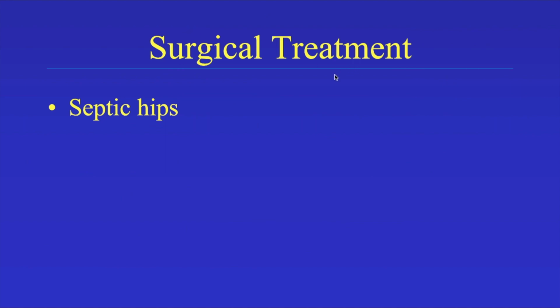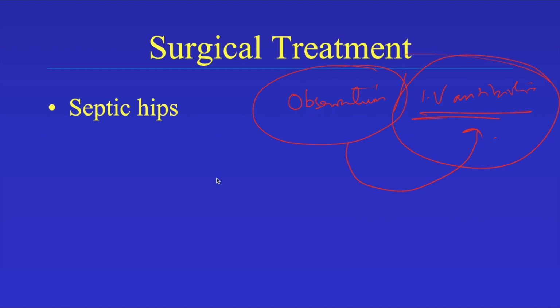So the first thing when you find this Kocher criteria, you have to treat it with close observation. You have to admit the patient and give appropriate empirical antibiotics to treat Staph aureus initially, and over a period, once you get some evidence of culture or aspirate the material and get some histological staining giving some confirmation of the organism, then you can give appropriate antibiotics. Till then you have to give empirical IV antibiotics.